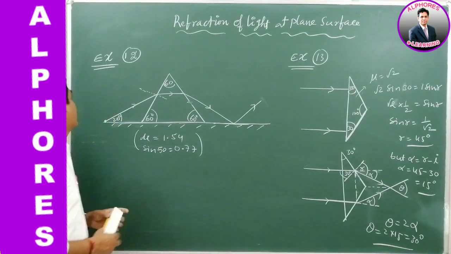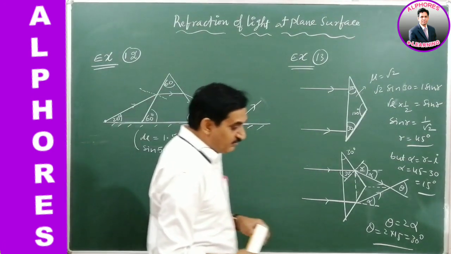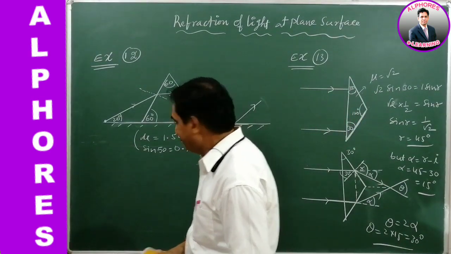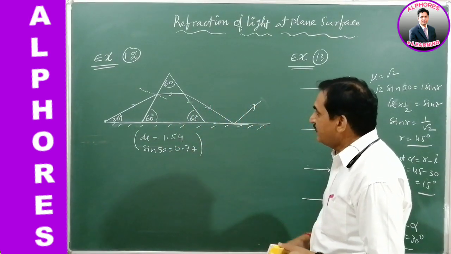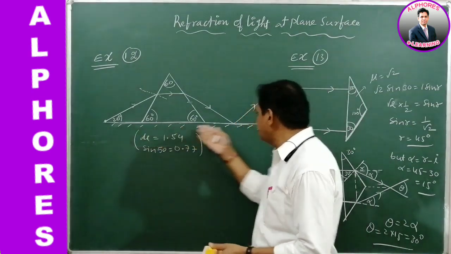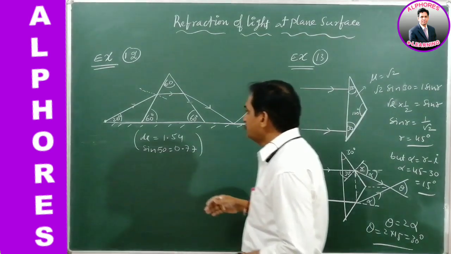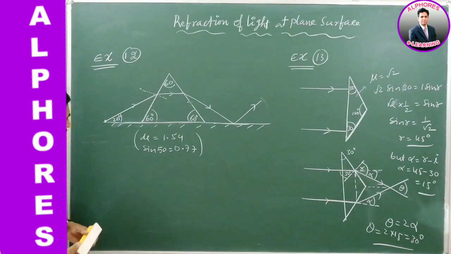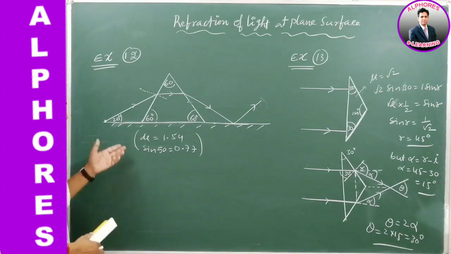Now let us go for one more example, the 12th one. Here there is an equilateral prism of prism angle 60 degrees. See here 60, 60, 60, which is kept on a horizontal surface, and the surface acts as a plane mirror. It is extended to a large distance. Okay. Now the light is refracted through this prism symmetrically.